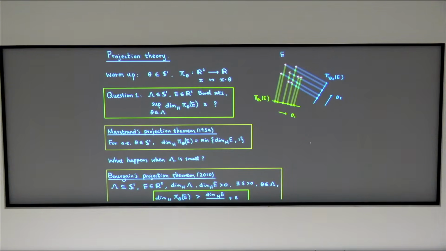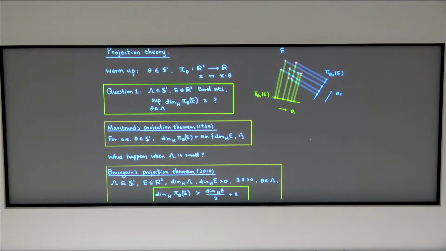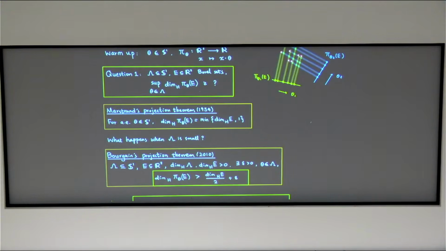But Marstrand's projection theorem, while powerful, requires a lot of directions. So one might ask, what happens when lambda, the set of directions, is small? This is proved by Jean Bourgain. Bourgain's projection theorem shows that as long as the Hausdorff dimension of the set of directions is positive, then one could have an epsilon improvement.